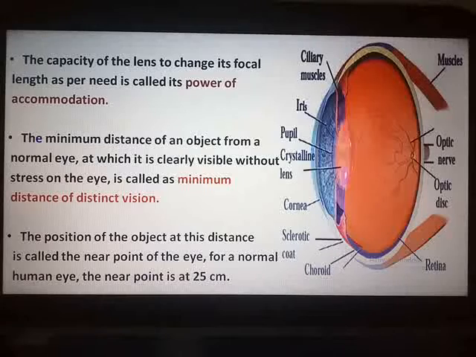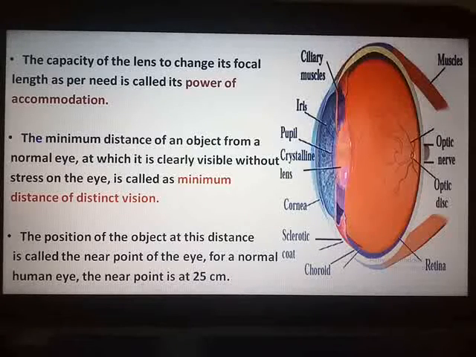Now the very important topic, on which maximum questions are expected in the board exam, is the defects of vision and their corrections. How are these defects caused? Some people cannot see things clearly due to loss of accommodation power of the lenses in their eyes.